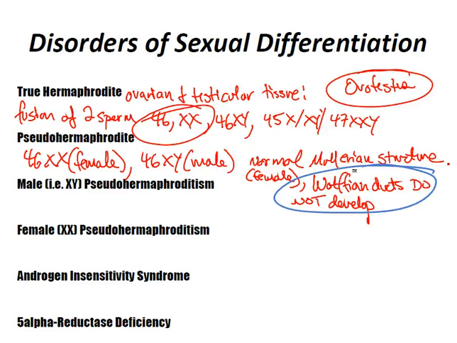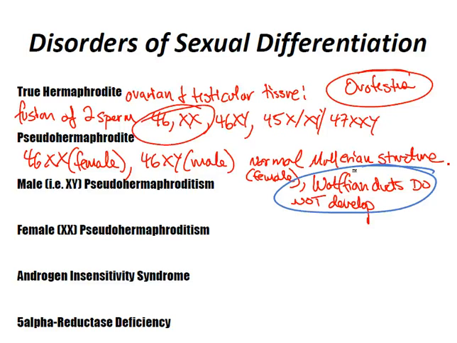Now, the phenotypic sex: females have ambiguous virilized genitalia. Males have ambiguous or female external genitalia as well. So let's see here, what about male pseudohermaphroditism?